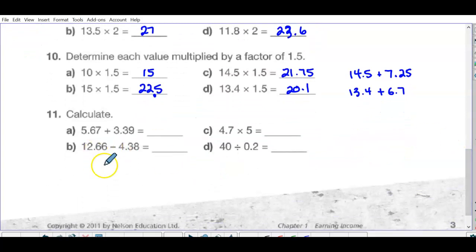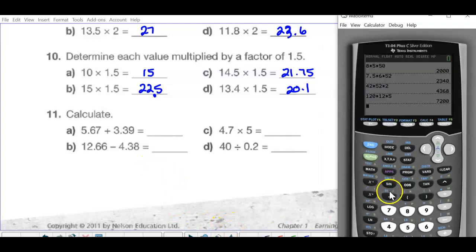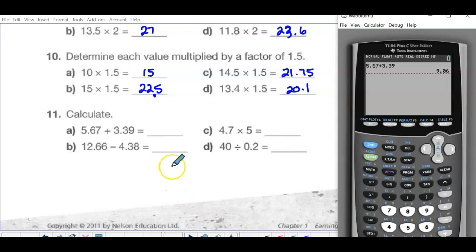And then these are just operations that you might end up using. I'm going to say use your calculator for these, because we're not going to ask you probably to do these types of questions without a calculator.